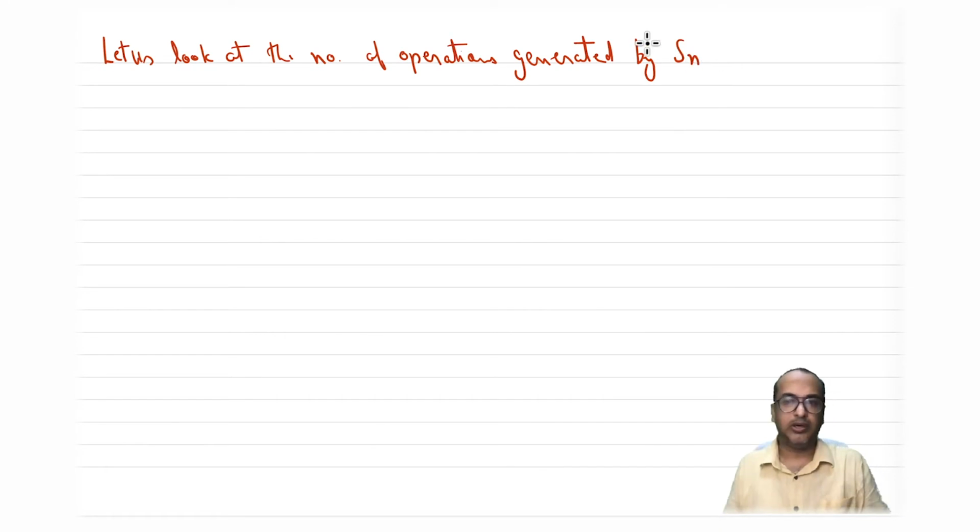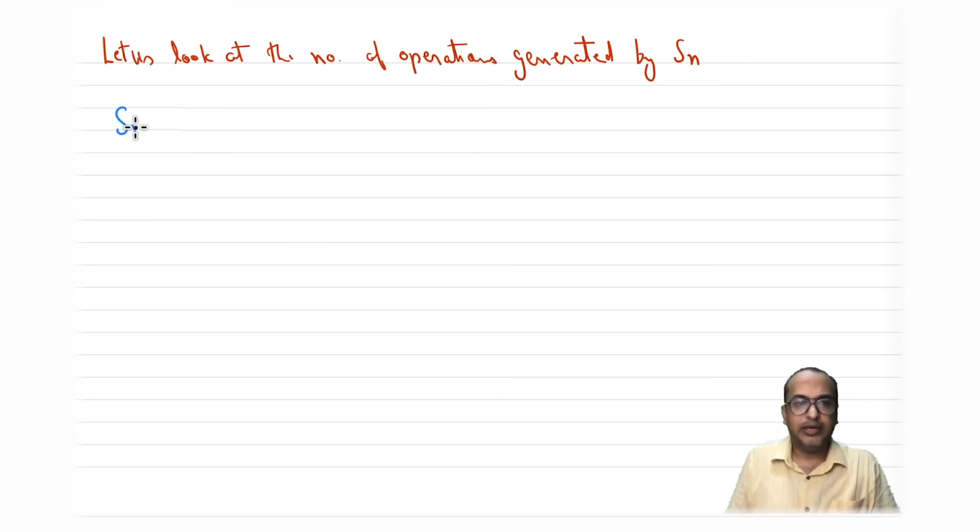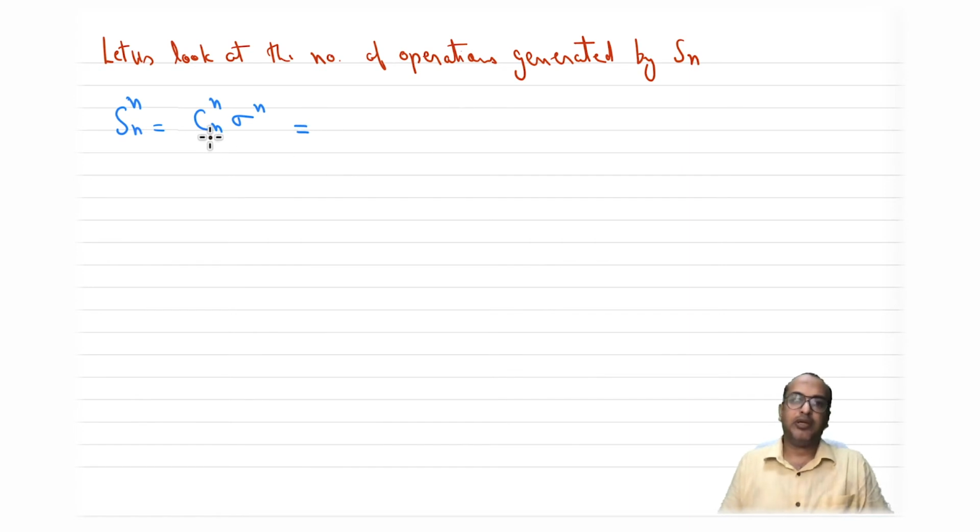In general, let's take the general example before we actually look at the operations. If we do Sn, so Sn will be Cn sigma, right? If we do Sn to the power n, it will be Cn to the power n sigma to the power n, which is nothing but Cn^n.